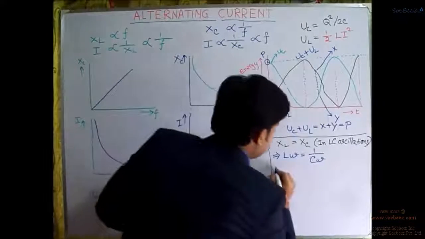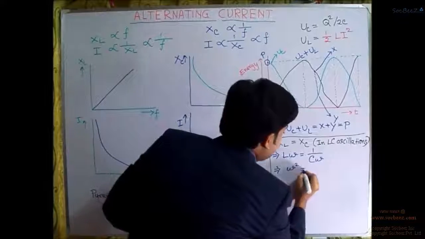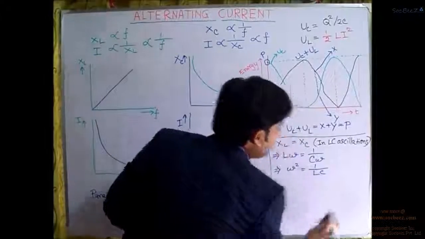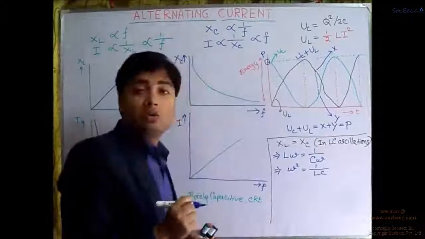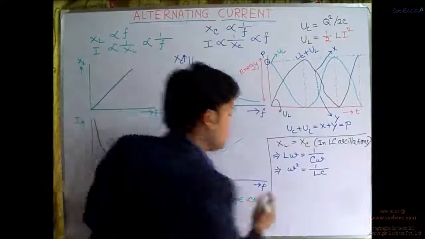Now, if we perform this, we will see that omega square is equal to 1 divided by LC. We know that omega is equal to 2 pi f, where f is the frequency.